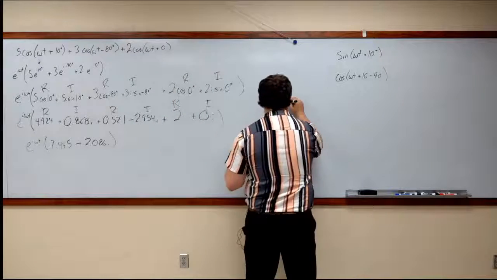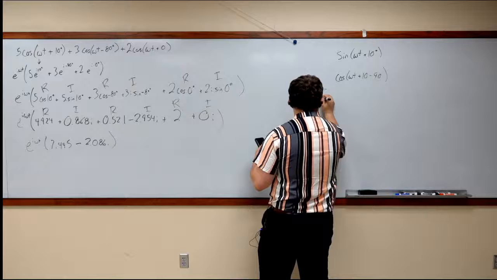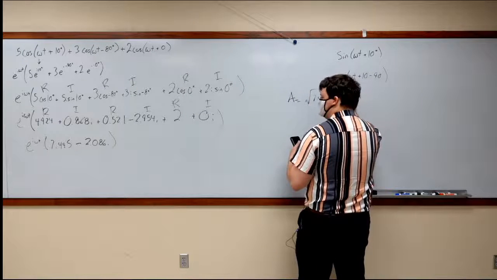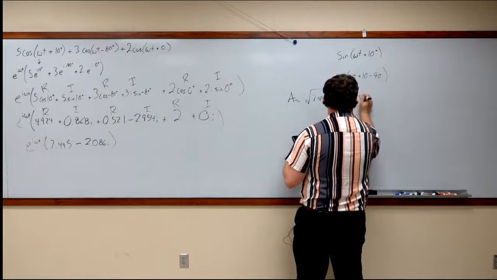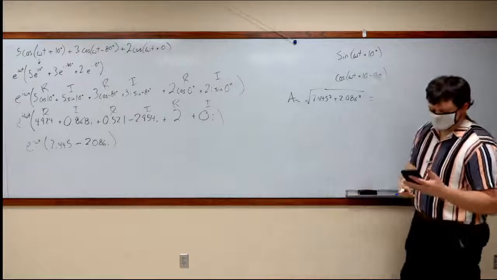Okay? We then calculate the magnitude of this vector. So we have A is equal to the square root of 7.445 squared plus 2.086 squared. Yes, I know there's a negative in there, but it squares out.